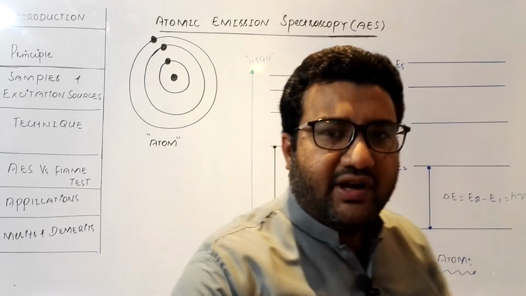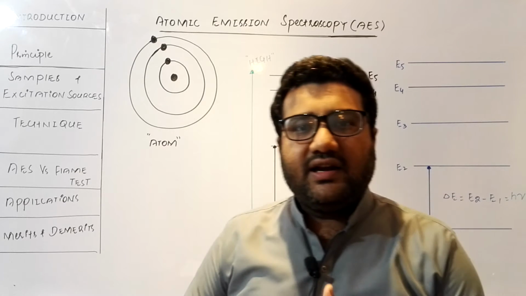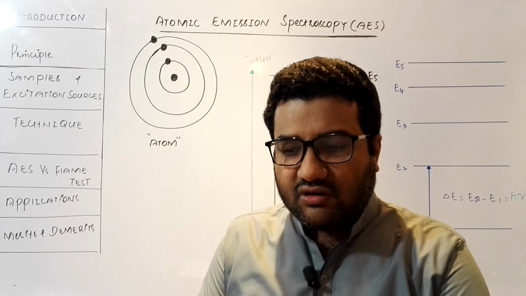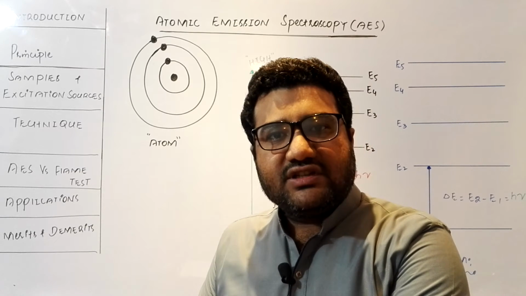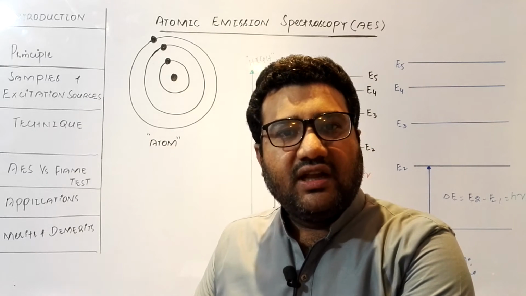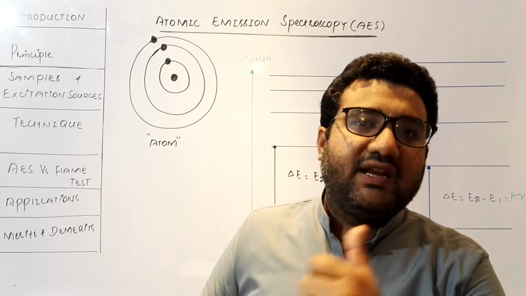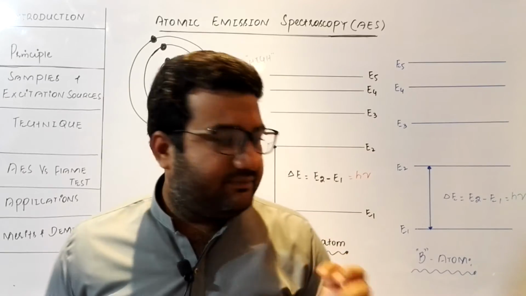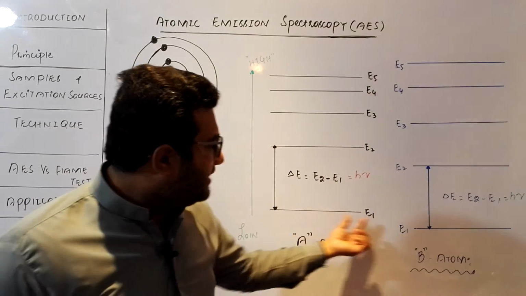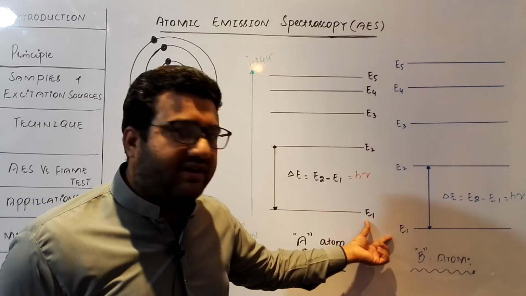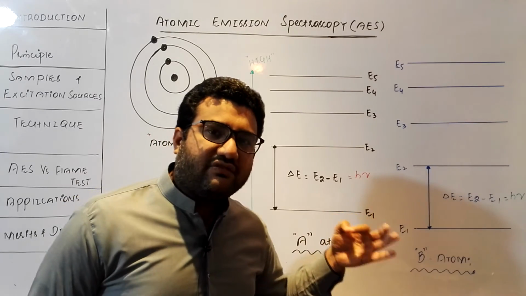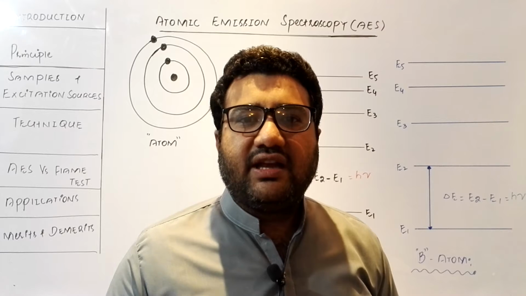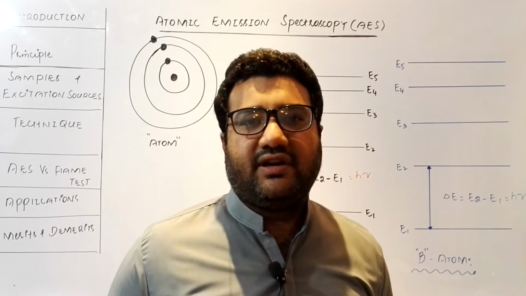So the first point that you must keep in mind is that atoms do consist of energy levels, but the energy levels of the shells of one atom are quite different from the energies of the energy levels of all other atoms. Why are the energies of these two energy levels different? Because the energies of the shells or orbits or energy levels depend upon the electron-proton ratio of an atom.